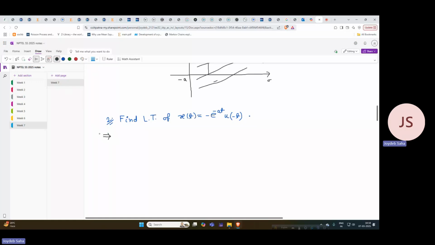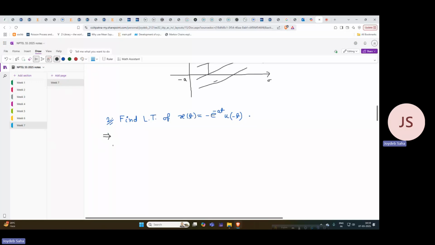Understand? U of minus t is 1 for minus infinity to 0, and for 0 to infinity it is 0. So accordingly the signal's value x(t) will be minus e to the power minus at for minus infinity to 0, and for 0 to infinity it will be 0.